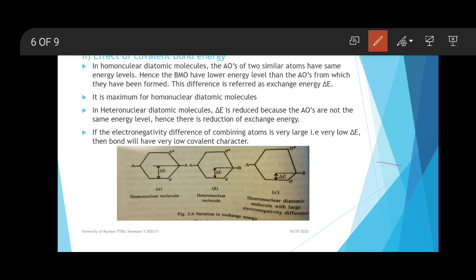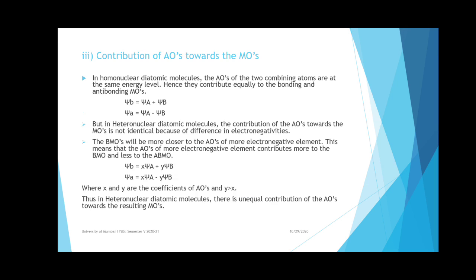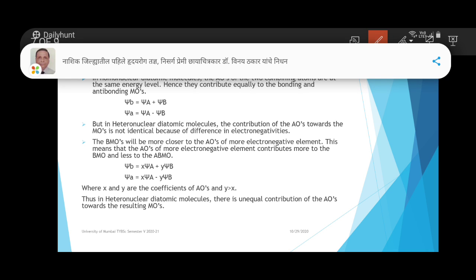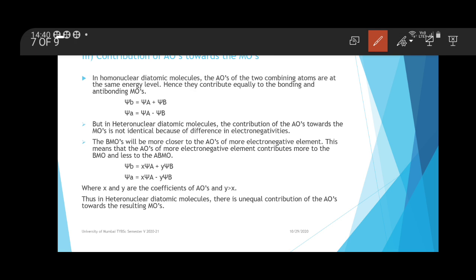Now, the third important point: the contribution of atomic orbitals towards molecular orbitals. In homonuclear diatomic molecules, the atomic orbitals of the two combining atoms are at the same energy levels and they contribute equally to the bonding and anti-bonding molecular orbitals.